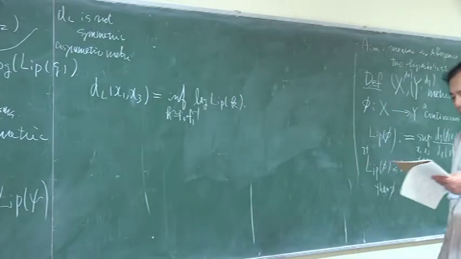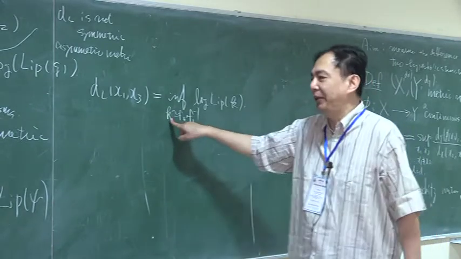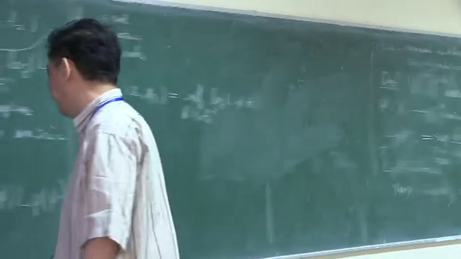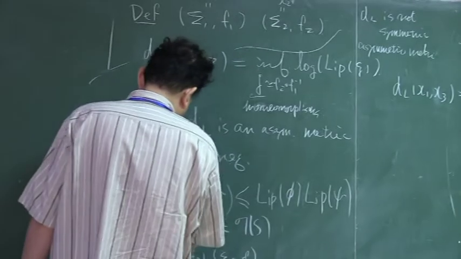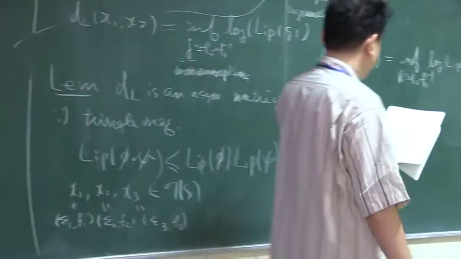Because k is a homeomorphism, it can be decomposed into the composition of a homeomorphism from sigma 1 to sigma 2 and one from sigma 2 to sigma 3.